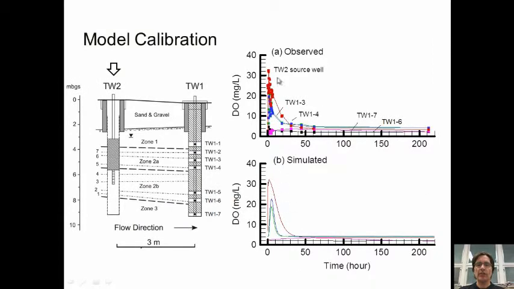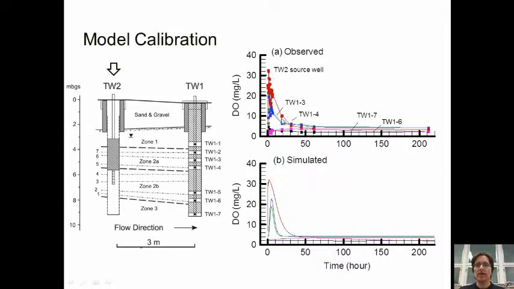So to calibrate the model, we've got some observed concentrations of oxygen in this down gradient monitor well at these isolated or packed off intervals here. So here's the simulated oxygen concentrations over time at these 6 or 7 monitor wells here.